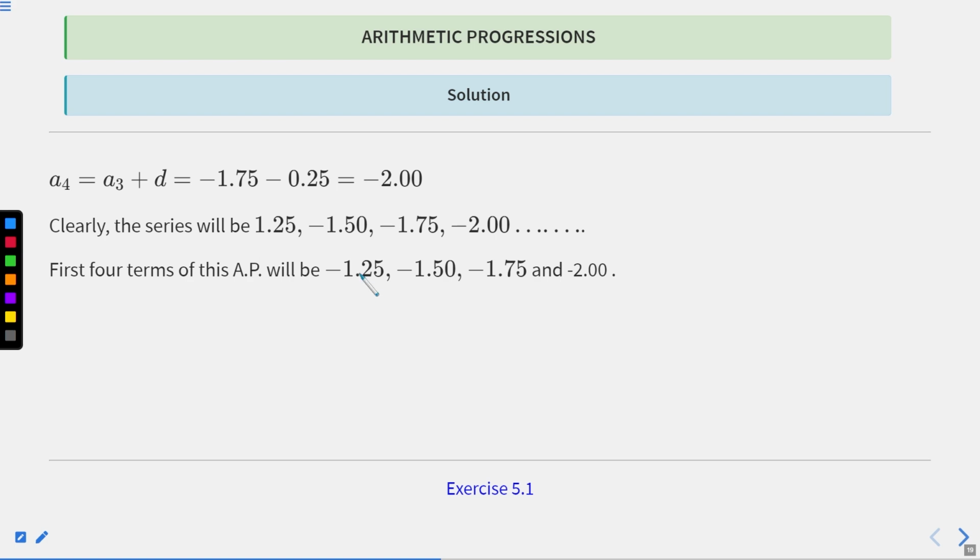So clearly the series will be -1.25, -1.50, -1.75 and -2.00. So the first four terms of this AP will be -1.25, -1.50, -1.75 and -2.00.